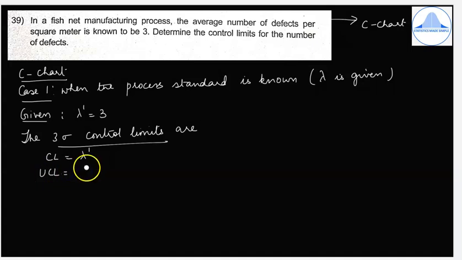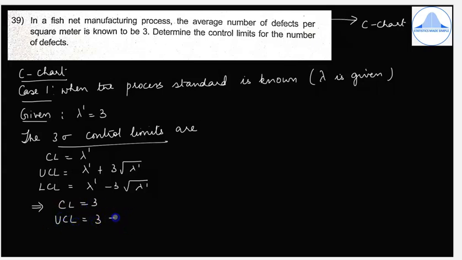UCL, that is the upper control limit, is lambda dash plus 3 times root lambda dash. And LCL, the lower control limit, is lambda dash minus 3 times root lambda dash. So CL is equal to 3, and UCL is equal to 3 plus 3 times root of 3.